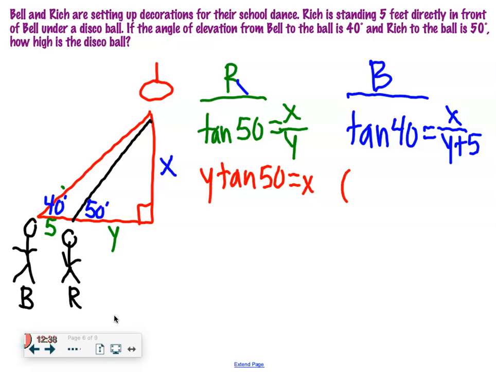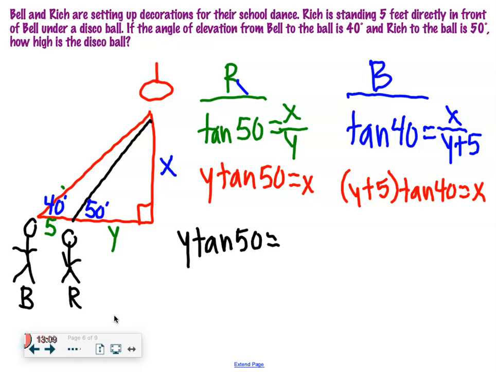Y plus 5. Let's just put that in parentheses. Okay, so far so good. Now, if both of these are equal to X, what can I do with this guy and this guy? Put that in for X. Yeah, we're going to substitute in, so I'm going to set them equal to each other. So Y tangent of 50 equals Y plus 5 tangent of 40.